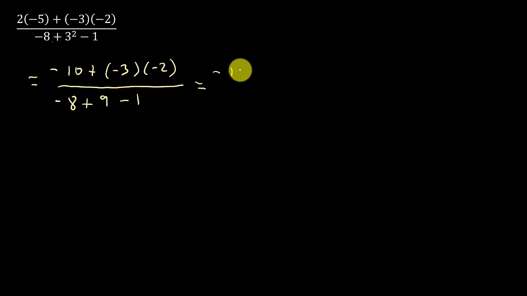So that's going to give me negative 10 plus negative 3 times negative 2 is 6 over. All right, here I just have addition and subtraction. But remember, we do it in the order it appears, left to right. All right, so I get negative 8 plus 9 is 1. And then minus 1.